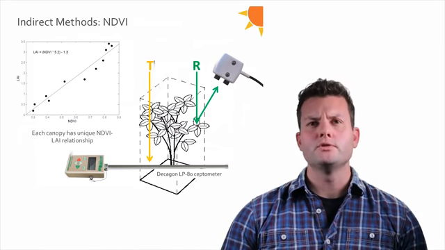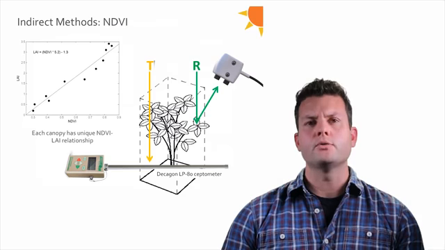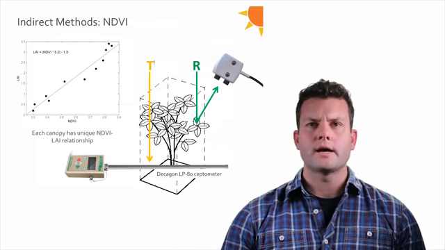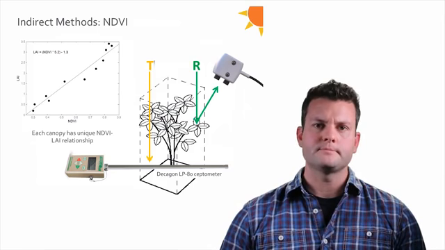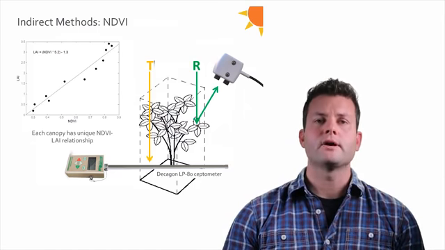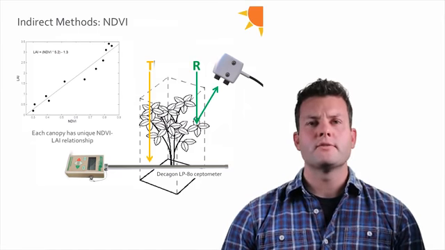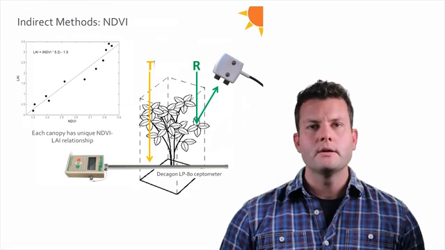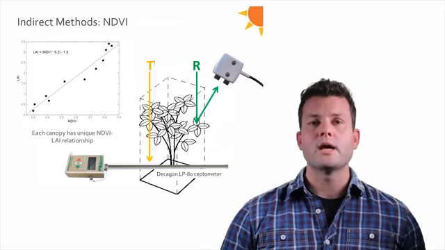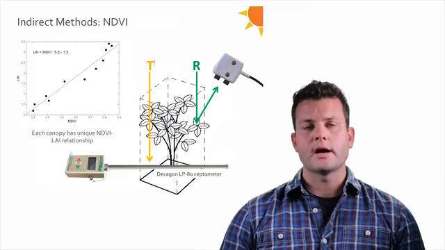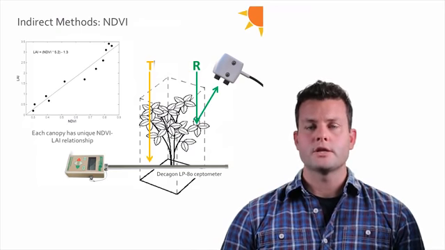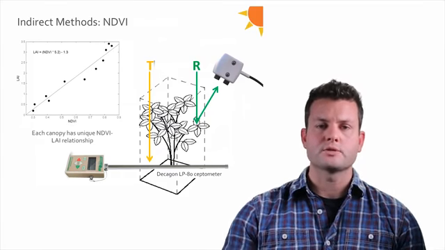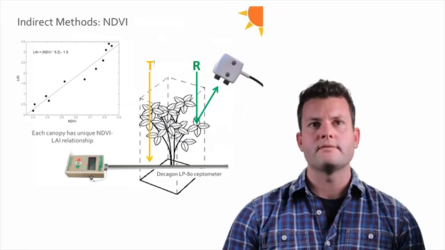But if we want to use that NDVI value as a direct estimate of LAI, or as a way of estimating an absolute value of LAI, then we have to develop some relationship with some independent measure of LAI. So for example, we could have an LP80 that's calculating LAI from transmitted radiation measurements, and then co-located with that, we have a spectroreflectance sensor collecting NDVI values.